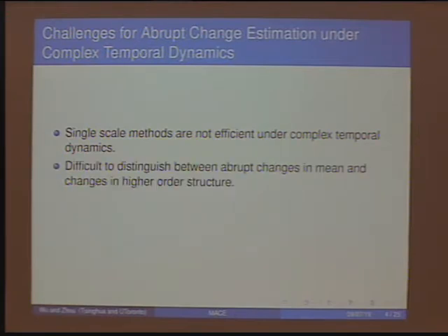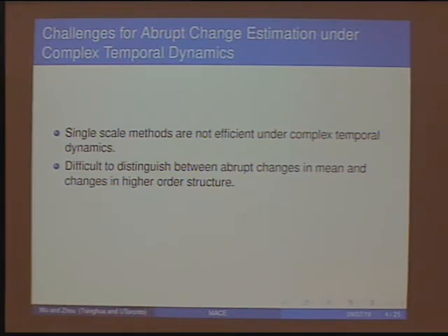And the second thing is that sometimes, in this complex temporal dynamics, it's very difficult for us to distinguish abrupt changes in the mean from abrupt changes in the higher order. Most of the state-of-the-art change point detection methods assume that the covariance structure of your time series is stationary. Definitely not all of them, but many of them assume so.